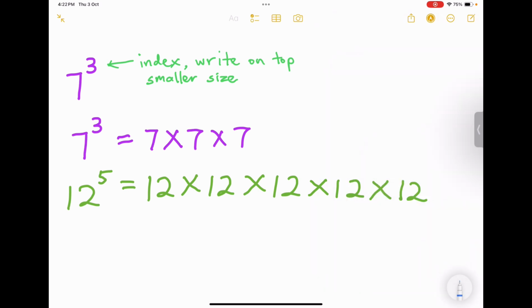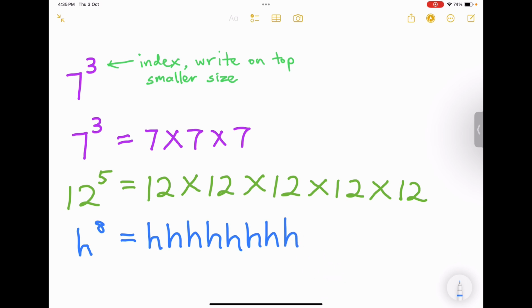We can also use letters for the base. For example, h to the power 8 means that h will appear 8 times. 1, 2, 3, 4, 5, 6, 7, 8.